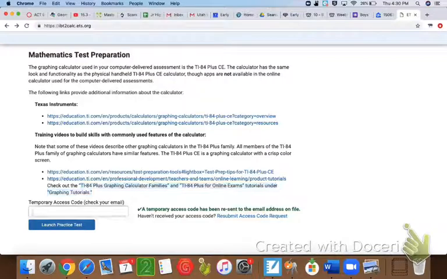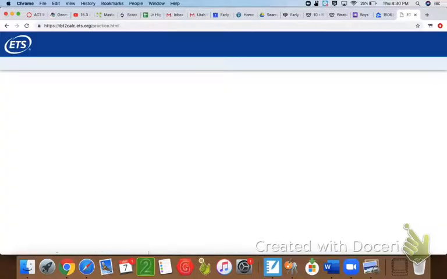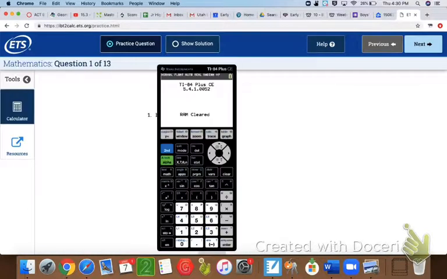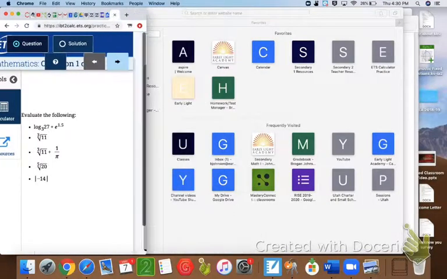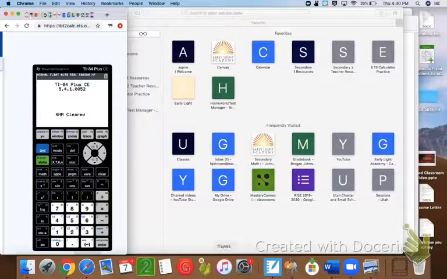Okay, I'm going to put in this code, 6D797722. Continue. And then go to this calculator. Okay, so this is the calculator that I always use, which is basically a TI 84. Just looks funky. Okay, so where were we?